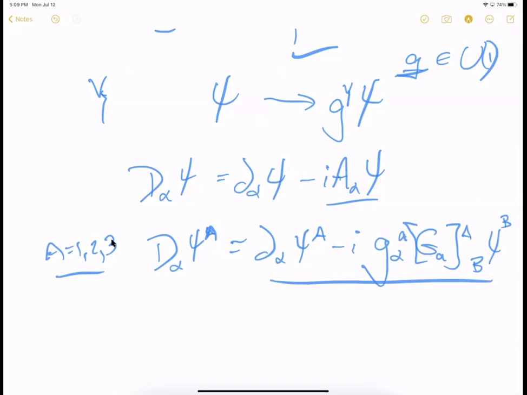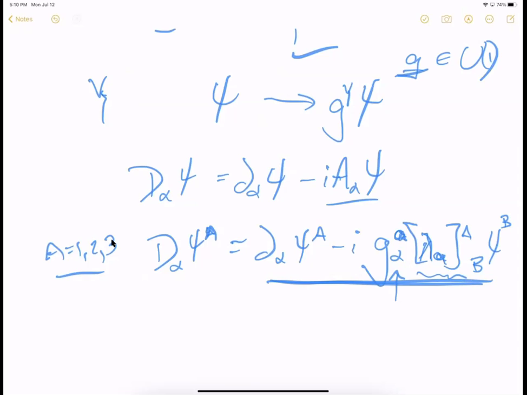So this is the way you form a covariant derivative. Well, these generators are just the Gell-Mann matrices. So using your connection one forms, one for each generator, and making it explicitly a Lie algebra valued one form lets you write a covariant derivative.